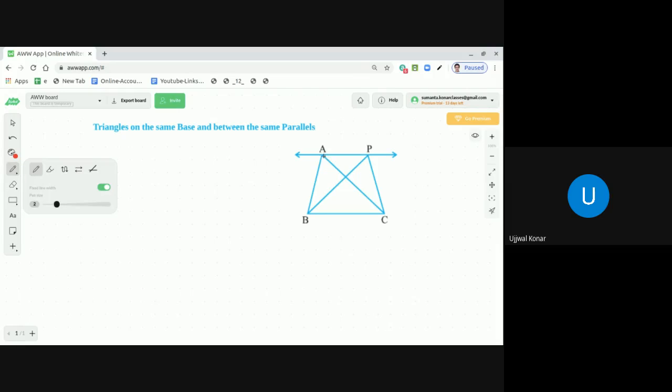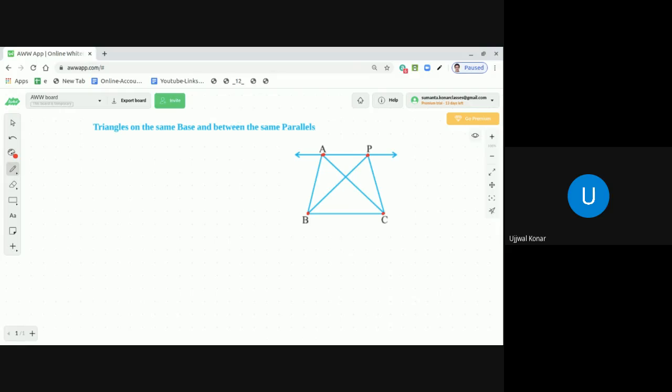If you see, ABC is one triangle, these are the three vertices, and PBC, these are the three vertices at P, B, and C points. If you join points A and P, you get the line segment AP, and that line segment AP is parallel to BC, the common base.